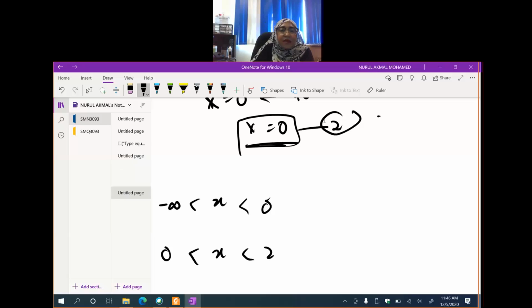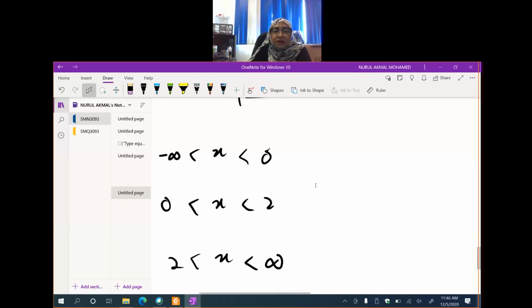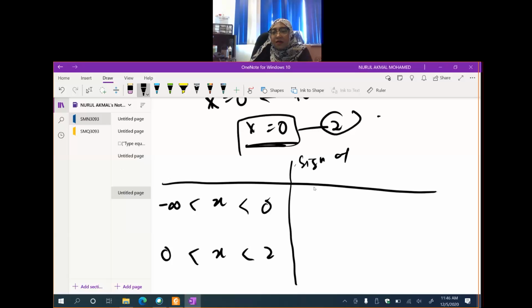And the third one will be from 2 up to infinity. So we have these three intervals. So for the behavior, we check the sign of f prime. Okay, can you please check for me?